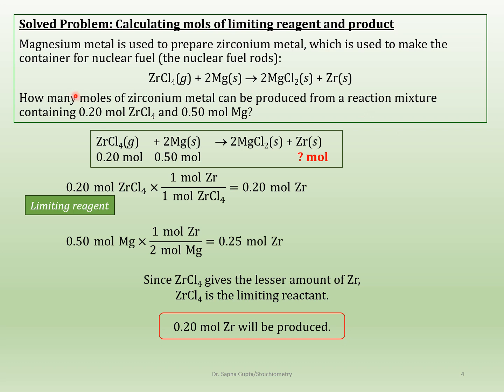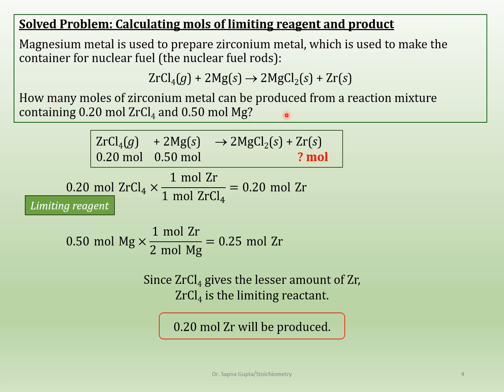Here is one with magnesium that is used to prepare zirconium metal. This is a single displacement problem where you're displacing zirconium using magnesium. How many moles of zirconium metal can be produced from a reaction mixture containing 0.2 moles of zirconium chloride and 0.50 moles of magnesium?